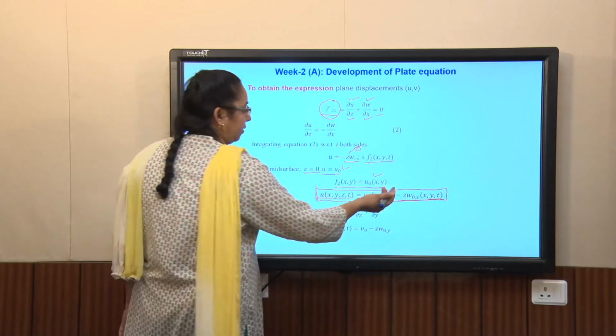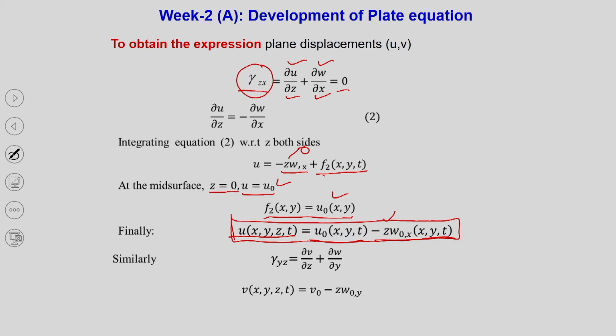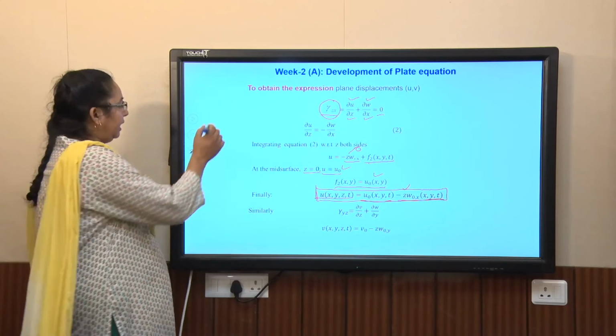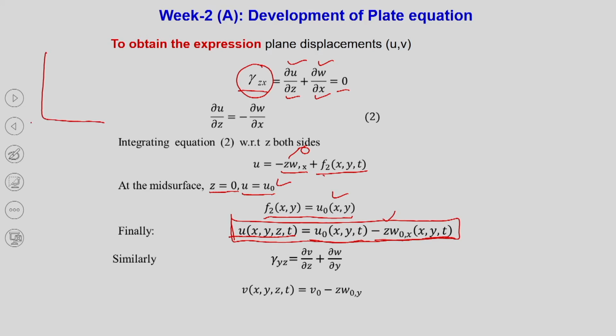So, what is the variation of u? Linear variation. Like if this is minus h by 2 and plus h by 2, it will vary linearly like this or like this. It depends upon the value, whether at the bottom it will be negative or positive. So, it varies linearly across the thickness.